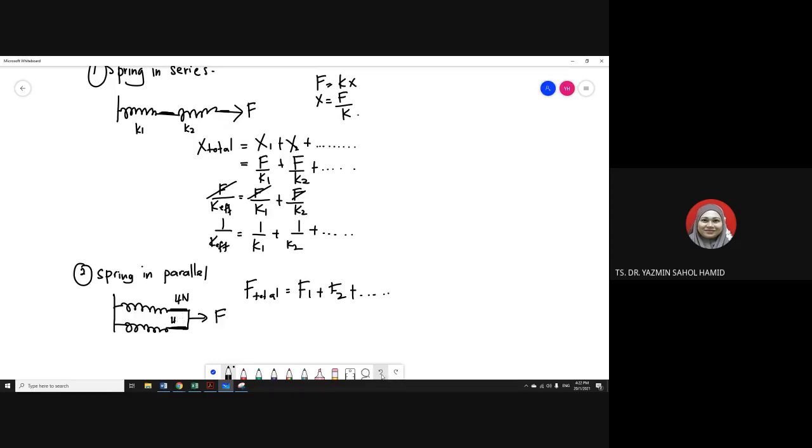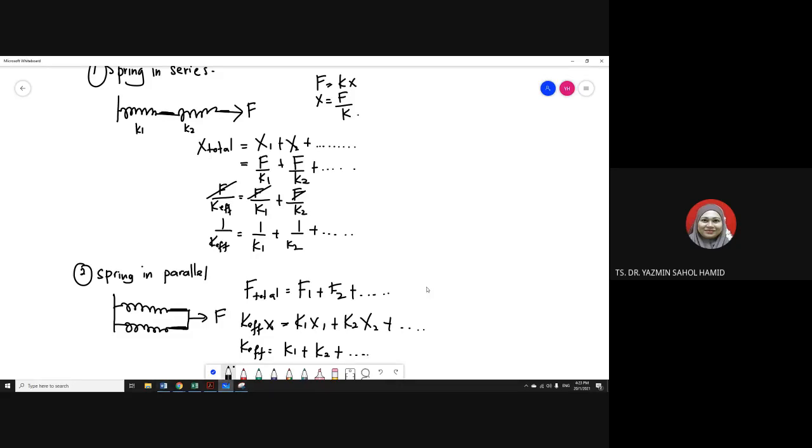You have to understand the difference. For the K effective, F is K effective multiplied by X, so it becomes K1 times X1 plus K2 times X2 and so on. This means K effective equals K1 plus K2 and so on.